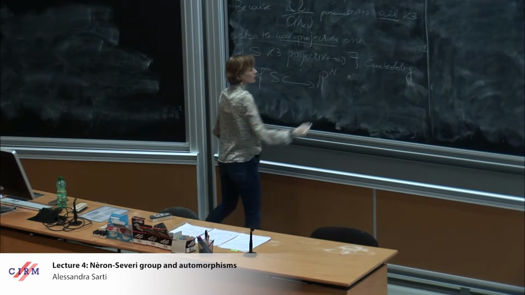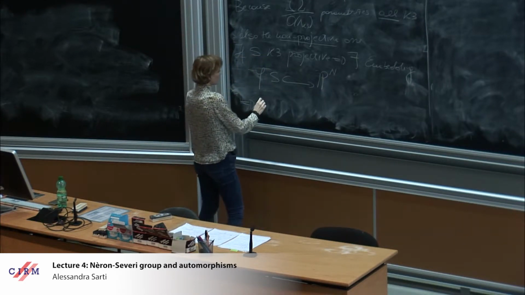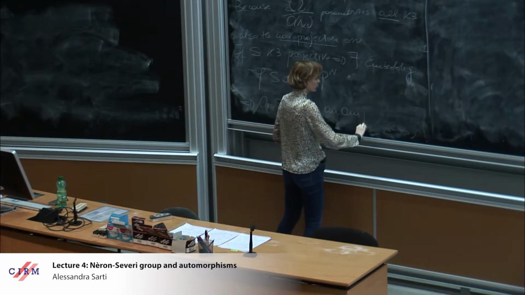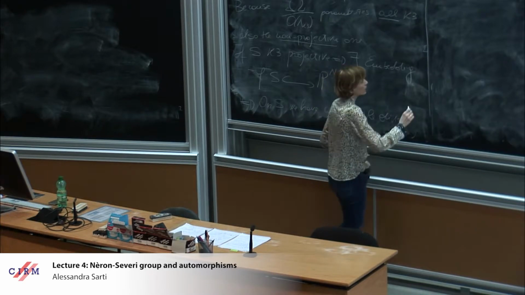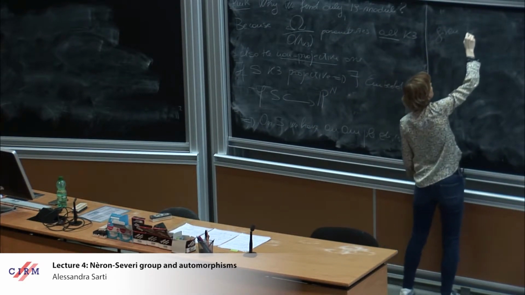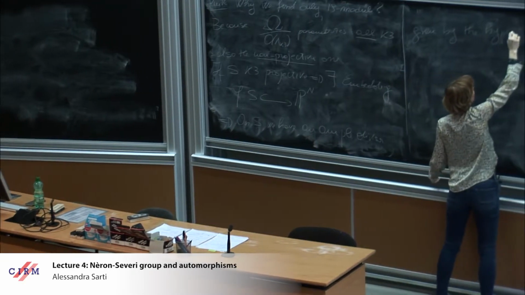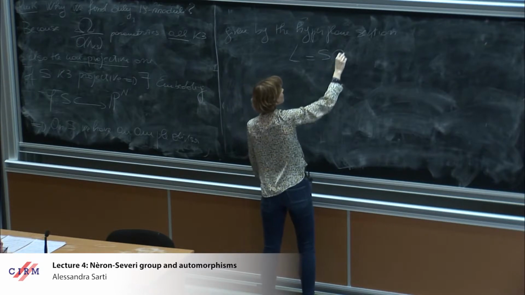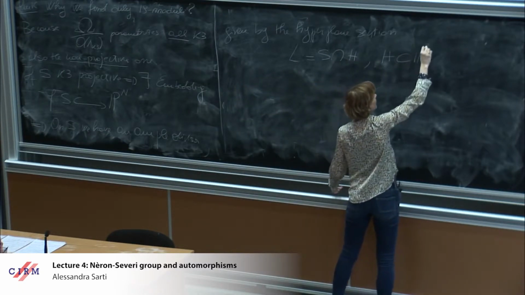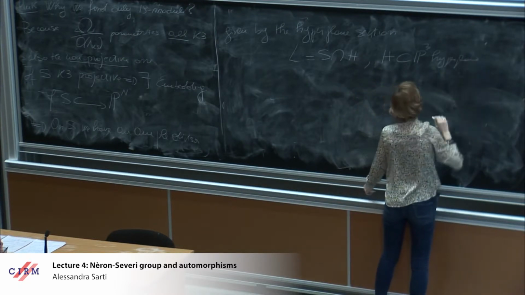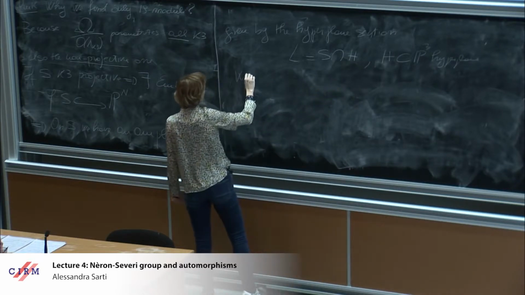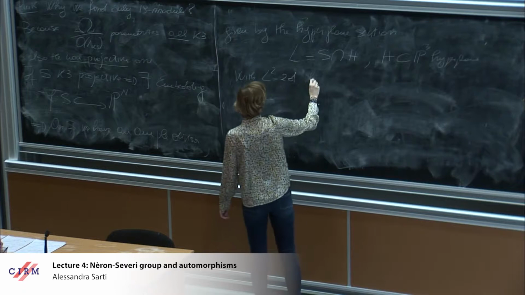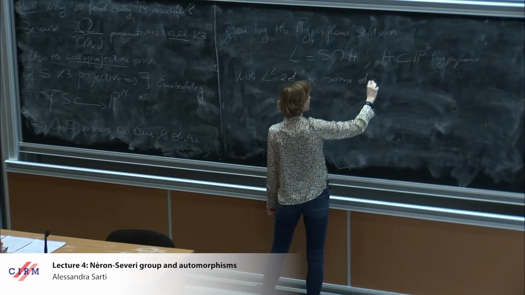This means that on S we have an ample divisor given by the hyperplane section, which is L equal to S intersection H, where H is a hyperplane in P3, with L squared equal to 2D for some non-negative integer D in Z, bigger than 0. It depends on the embedding you consider.